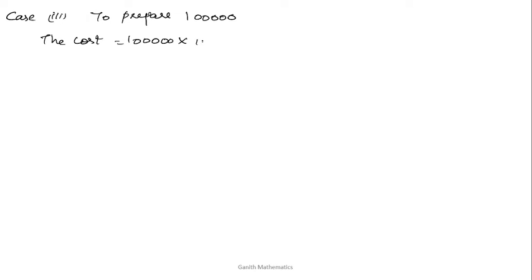Case 3. To prepare 1 lakh copies, the cost will be 1 lakh copies into 100 rupees plus that typesetting cost, that is 10,000, so we get 1,10,000 rupees.